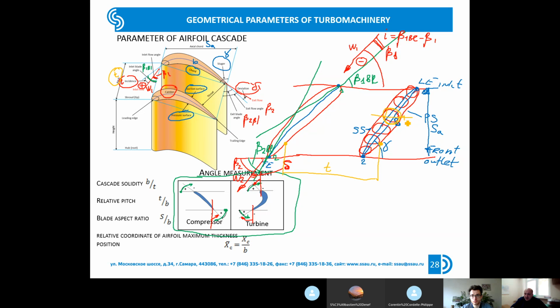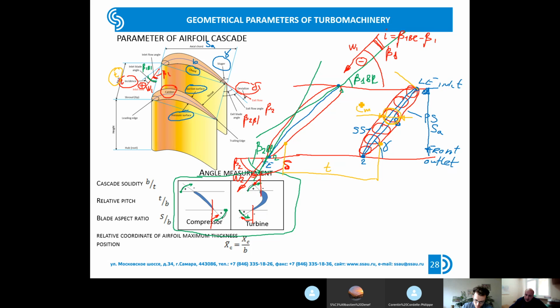The diameter of the biggest circle which is drawn inside the profile is designated by the letter C max and called the maximum thickness of the blade. Of course, this parameter is determined not only by gas dynamic processes. It has, for example, strong influence on the stresses, and that's why it's important.